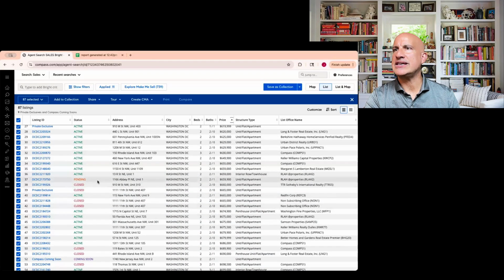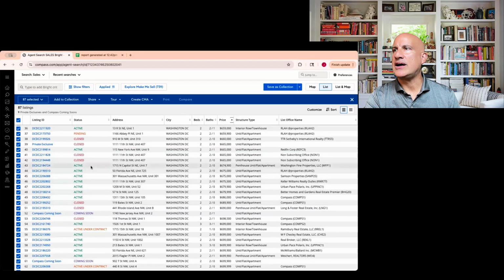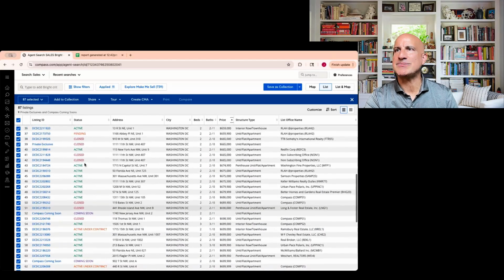Then looking in this 660 to 670 range, all of a sudden a number of homes have sold in that range. Then we've got another chunk of inactivity.